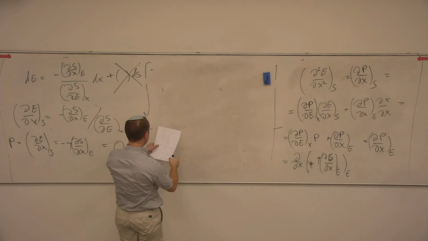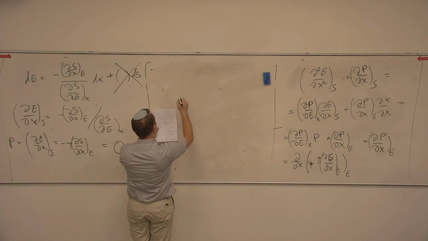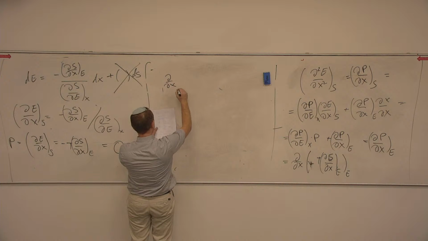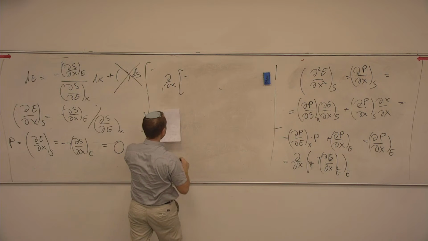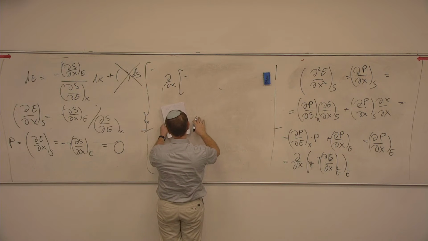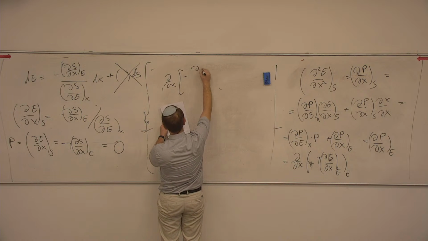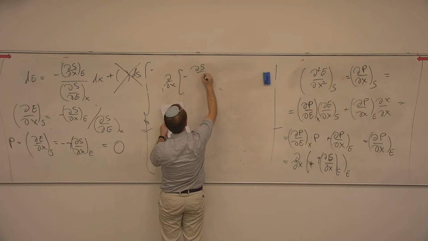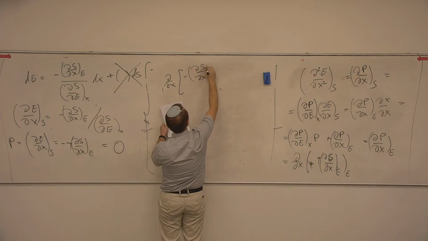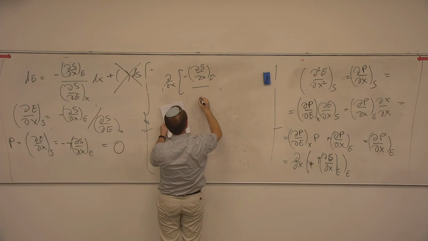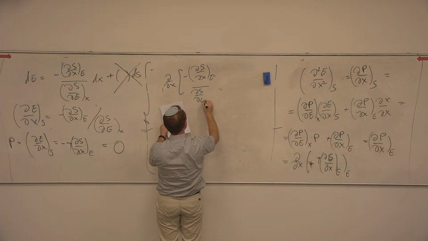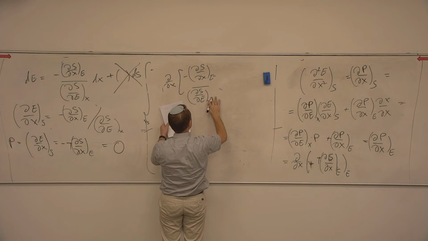So where it leaves us is the following. We have d to dx of minus dS to dx of E, over dS to dE of x.